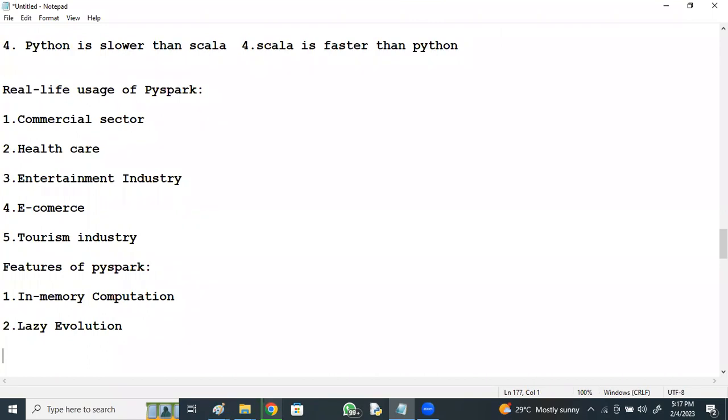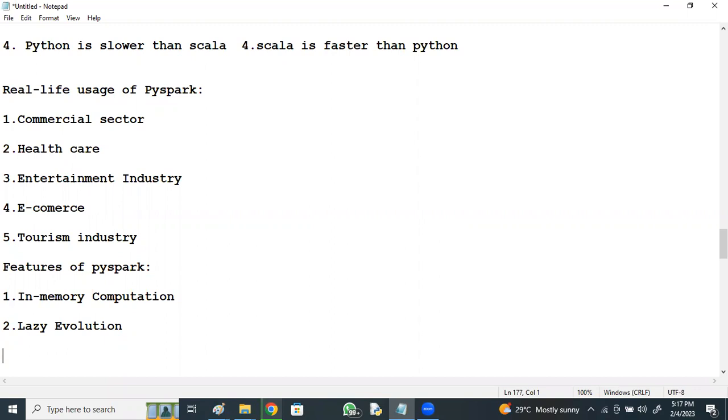Just like functions, if you make a function call, only then does it execute, otherwise it won't. Spark is a data flow language, so for data flows to execute, we need to perform some action. The data flows execute only when you perform some action. That is what lazy evaluation is.